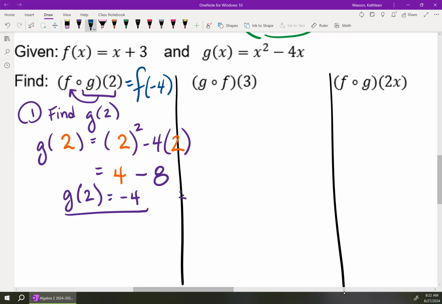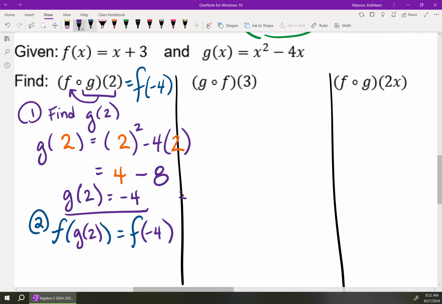I can write it this way now that I know what g of 2 is. So I do function notation again. I'm going to find f of negative 4. F of g of 2 equals f of negative 4. The f equation, f of x, is x plus 3.